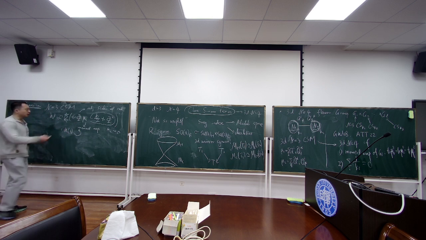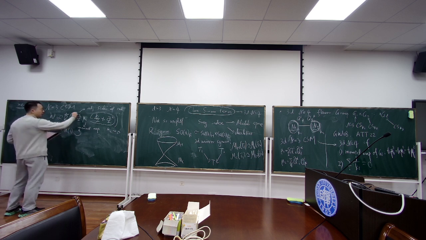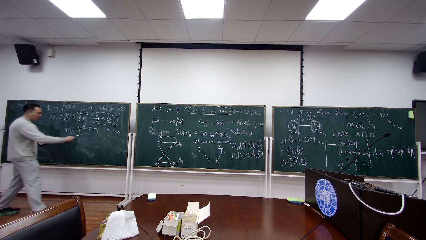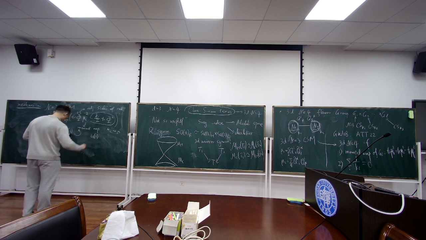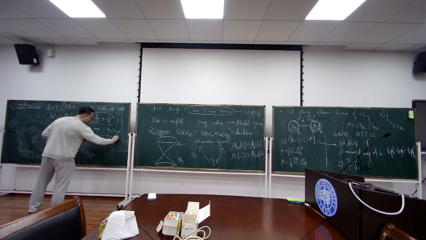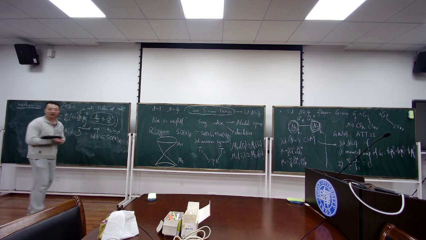This phi has charge +2 under this U1, and mu has -2. I've skipped some details, but roughly this U1 is one of the U1s in the SO(4)_R.